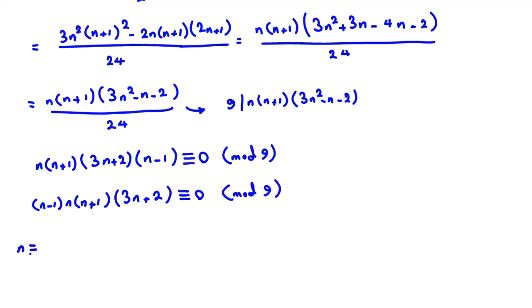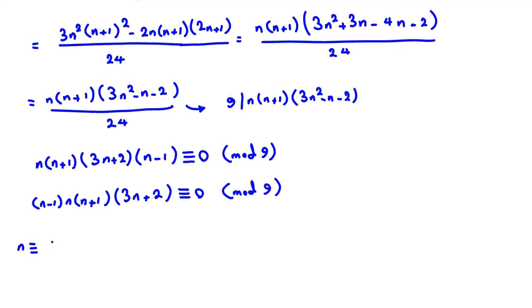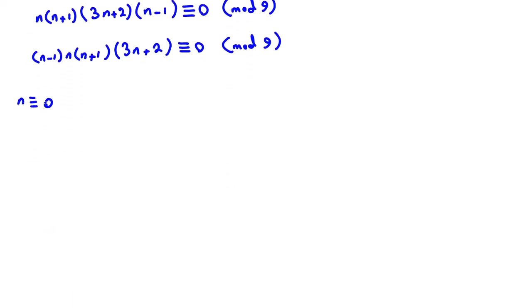So n mod 9 can be what? n mod 9 can be 0, 1, 2, 3, 4, and then -4 for 5, -3 for 6, -2, -1.